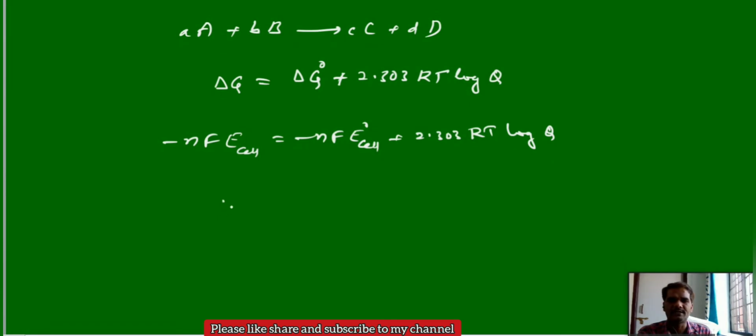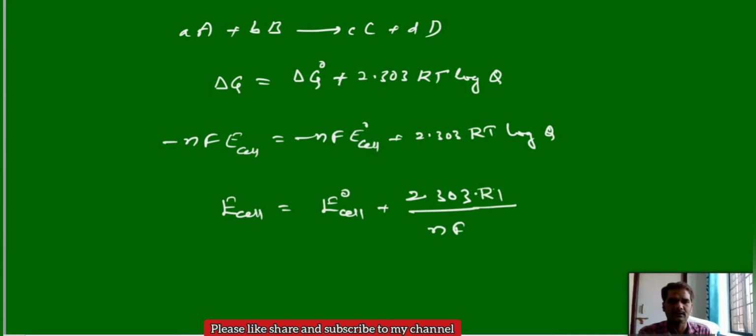So from this, E cell is equal to, you can bring this nF this side, nF will cancel out, you are left with E naught cell plus 2.303 RT by nF log Q, and this is called the Nernst equation.